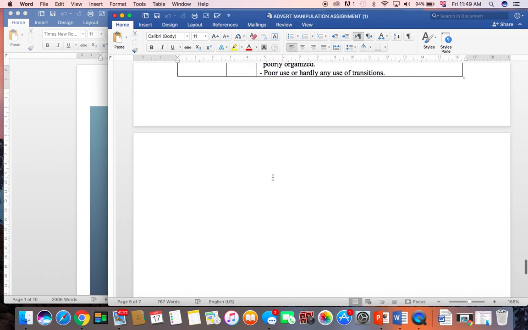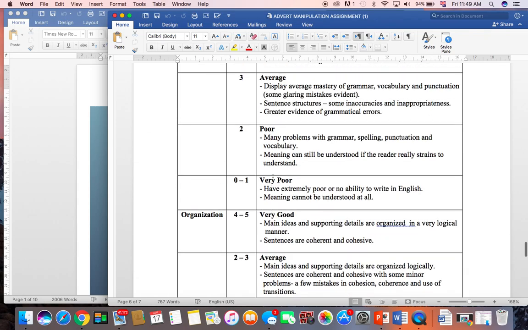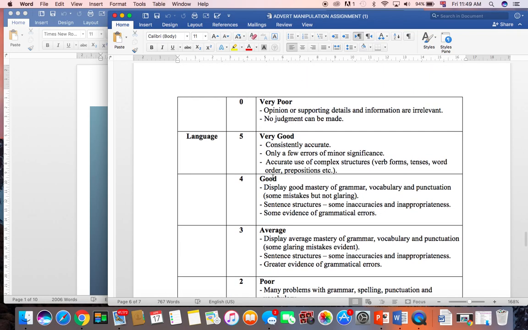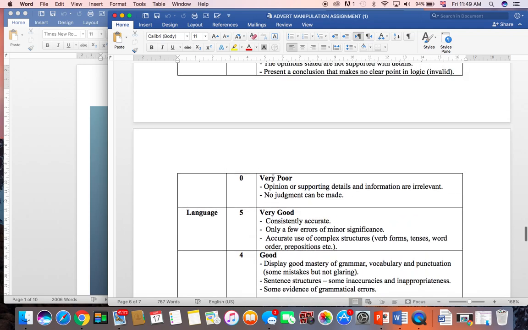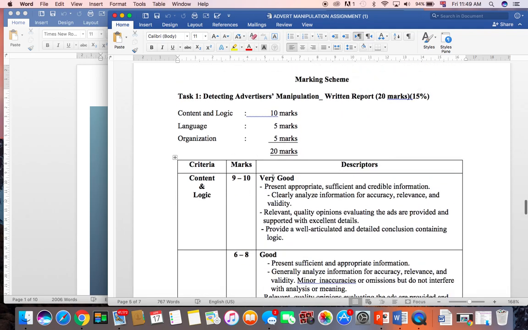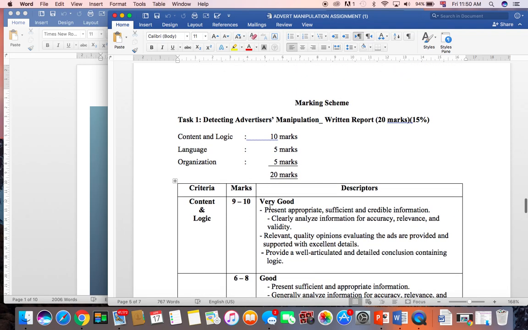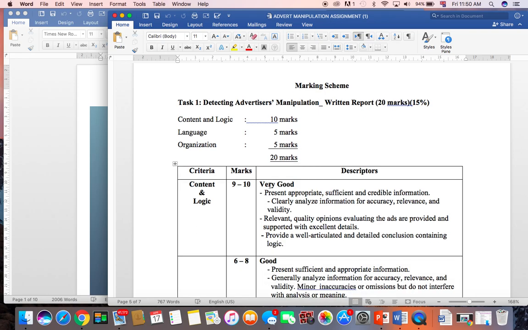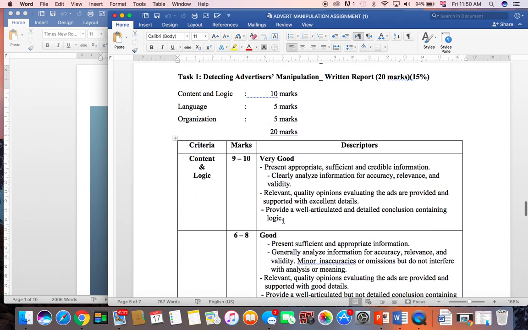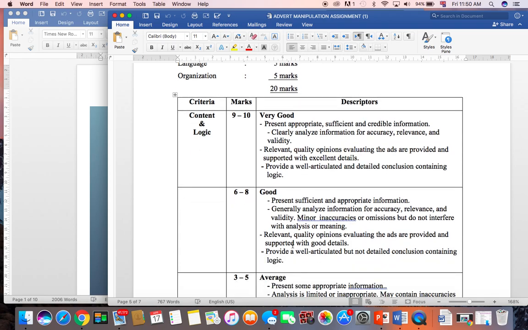Now, before you submit your report to me, one of the good ways that you can improve your report is by looking at these criteria, and have a look if you have met these criteria, and you should be able to actually predict how much you can get. So if you feel that you have done a good job in your content and also your logic, you might get 6 to 8 marks.